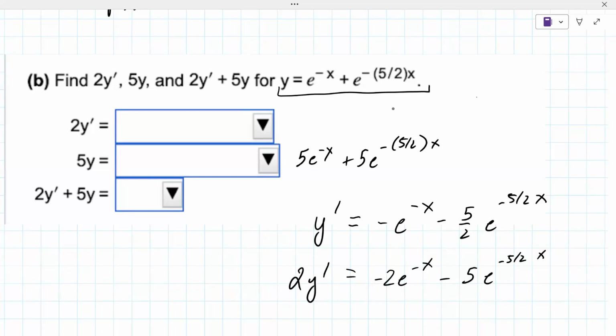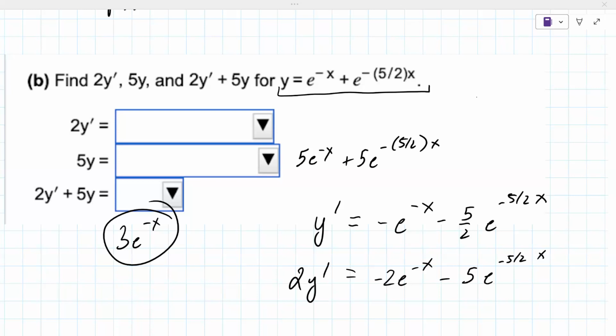All right, that's there. And then the last part is you add them up. So you're adding 5e to the minus x plus minus 2e to the minus x. That's 3e to the minus x. And then you got 5e to the minus 5 halves x here, minus 5e to the minus 5 halves x there, so it goes away. So that does also work.